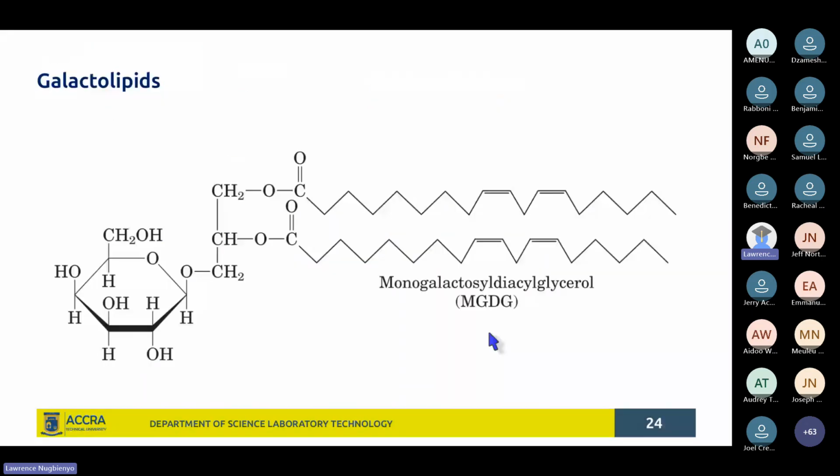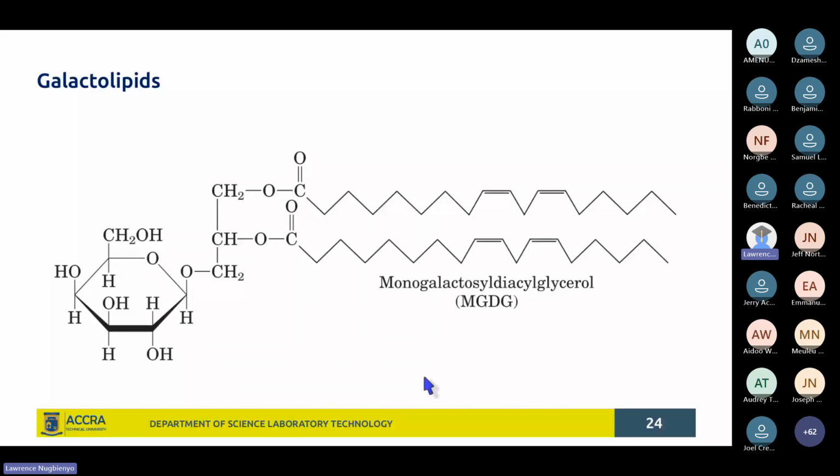Now the galactolipids. I mentioned that these galactolipids, you find them in plants. Usually you find them in the chloroplasts, the organelle responsible for the photosynthetic process in plants. And these are lipids.